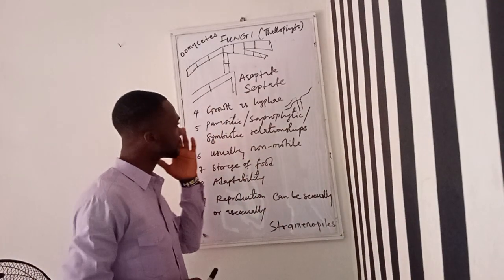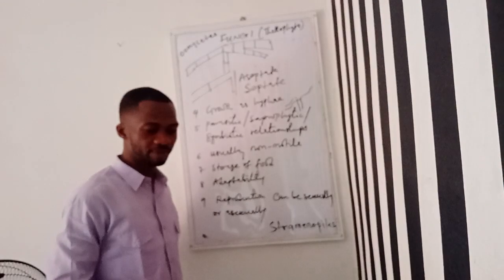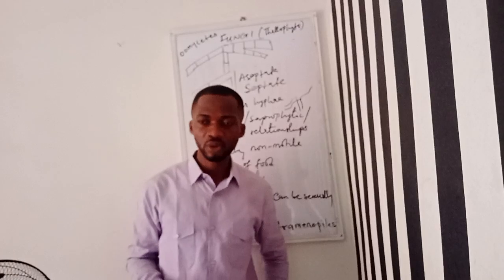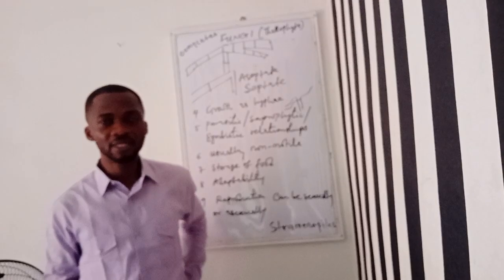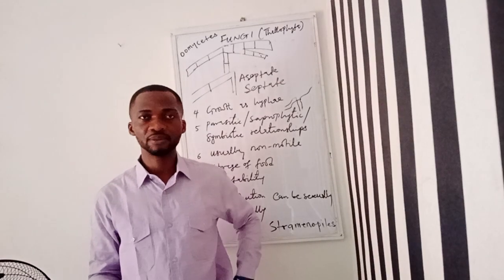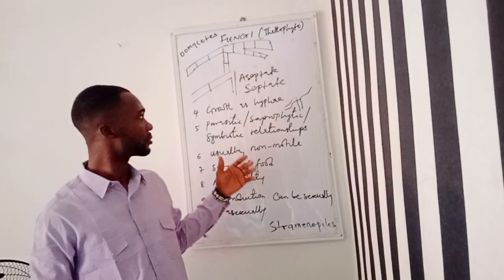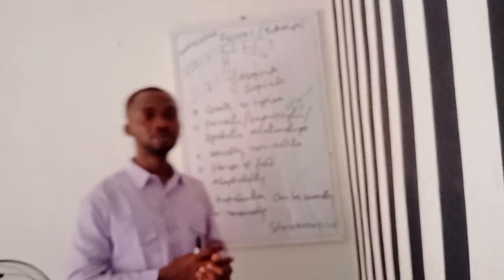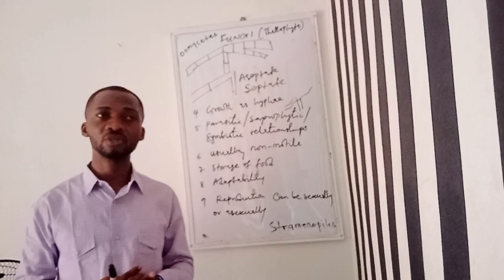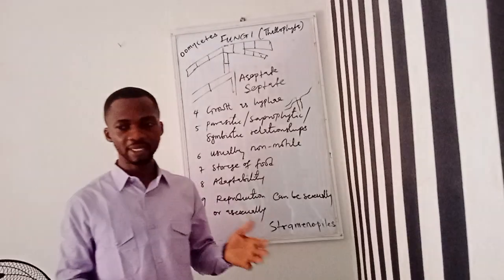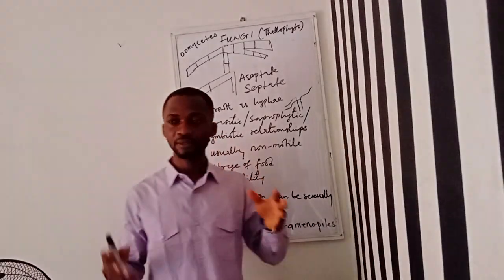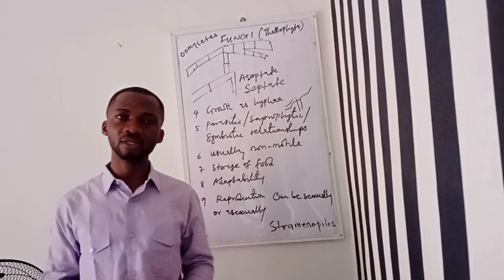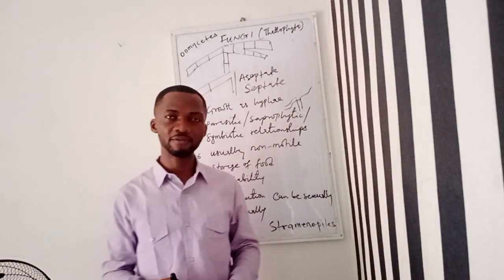Then I've explained the fact that some fungi can also exist as parasites, which we're still going to look at when we come to the advantages and disadvantages of fungi. Some can assume a parasitic position, while some can assume a symbiotic position. Like we have what is called lichen. In the case of lichen, this is a symbiotic relationship between algae and fungi.